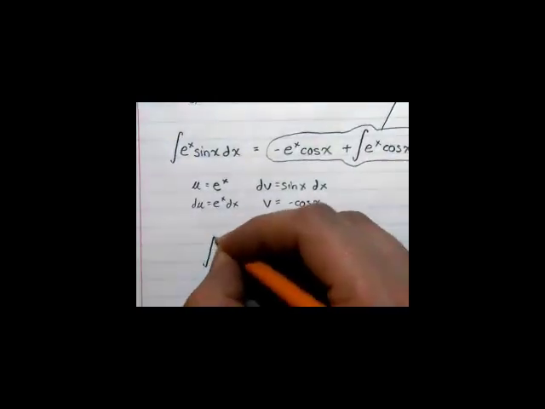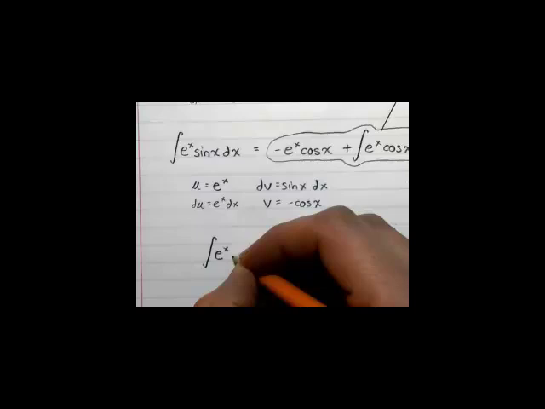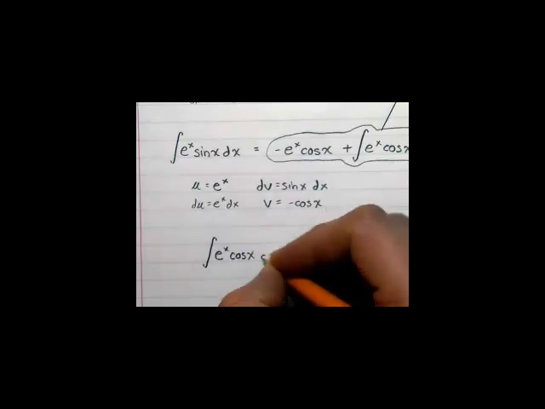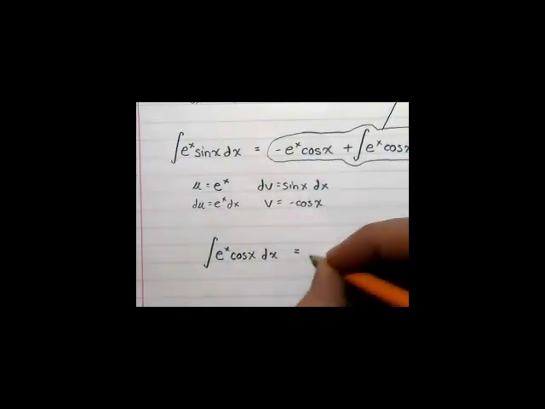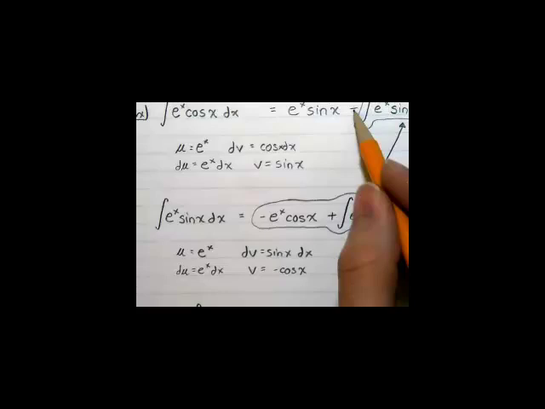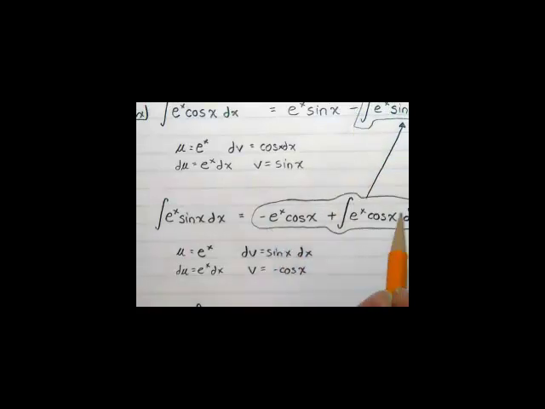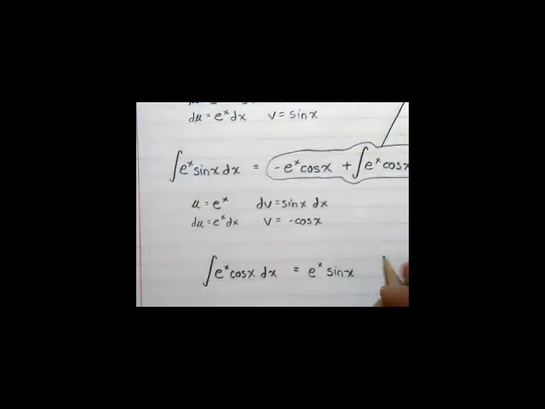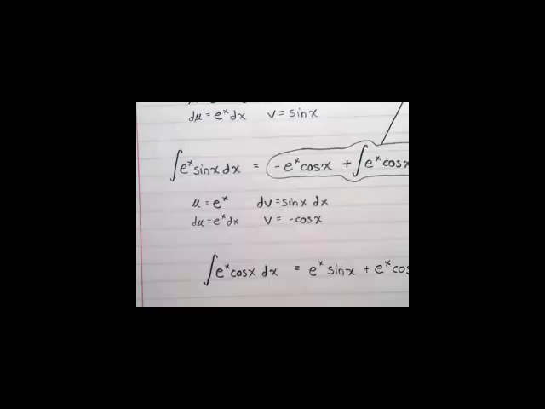So the original integral was the integral of e to the x cosine x dx. It's going to be equal to e to the x sine x, and then minus, right, because I got this minus sign, so it's going to be plus e to the x cosine x minus, if I distribute that negative, the integral e to the x cosine x dx.